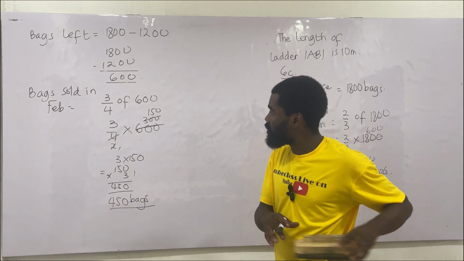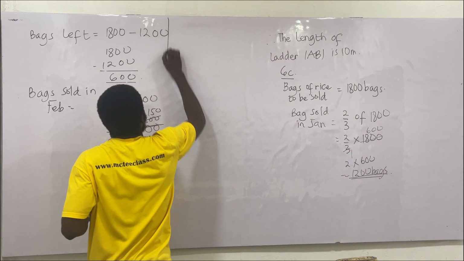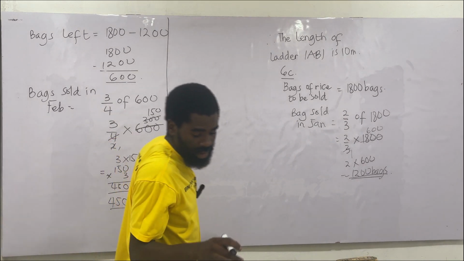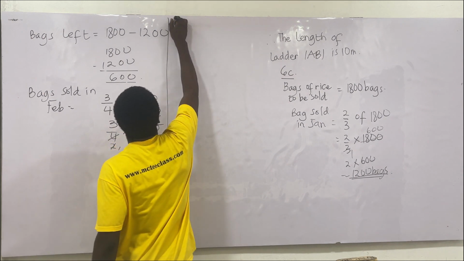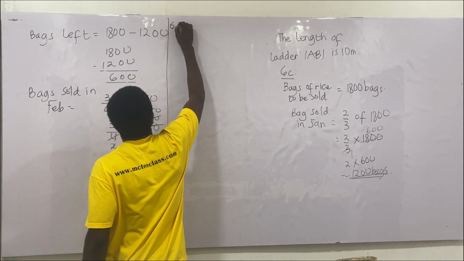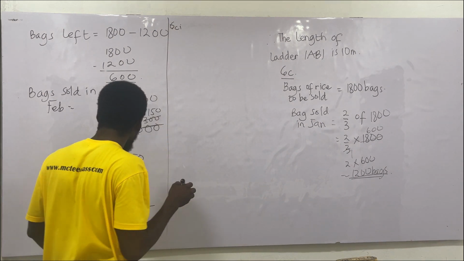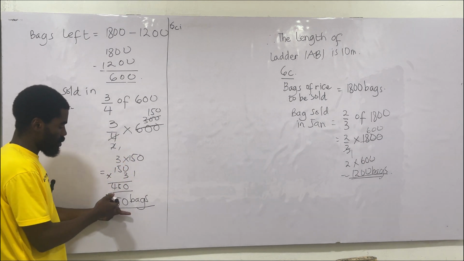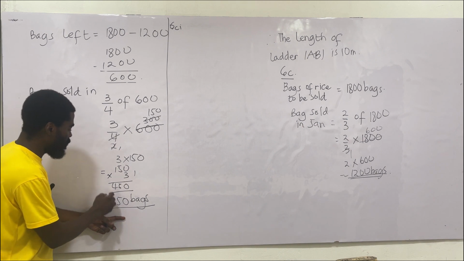So now let's solve that for them. What fraction? So question 6CI. Now I have this question. Let's know how many bags were sold in February. That was 450 bags.